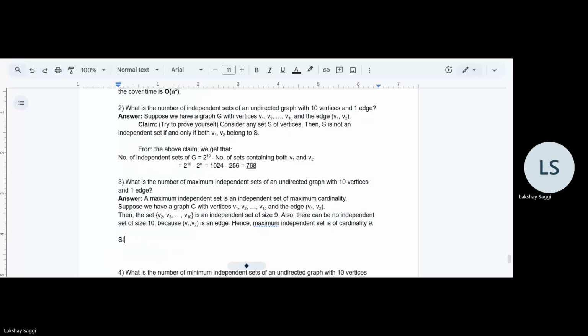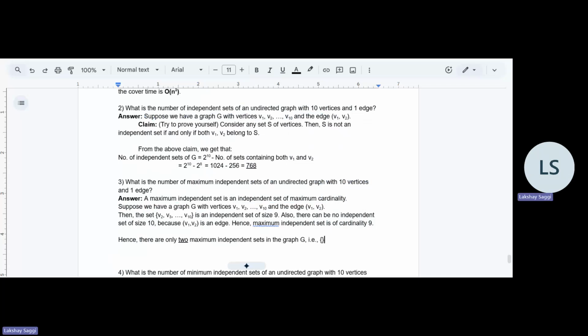So there are only two maximum independent sets in the graph G. And what are these sets? Sorry for this, guys.